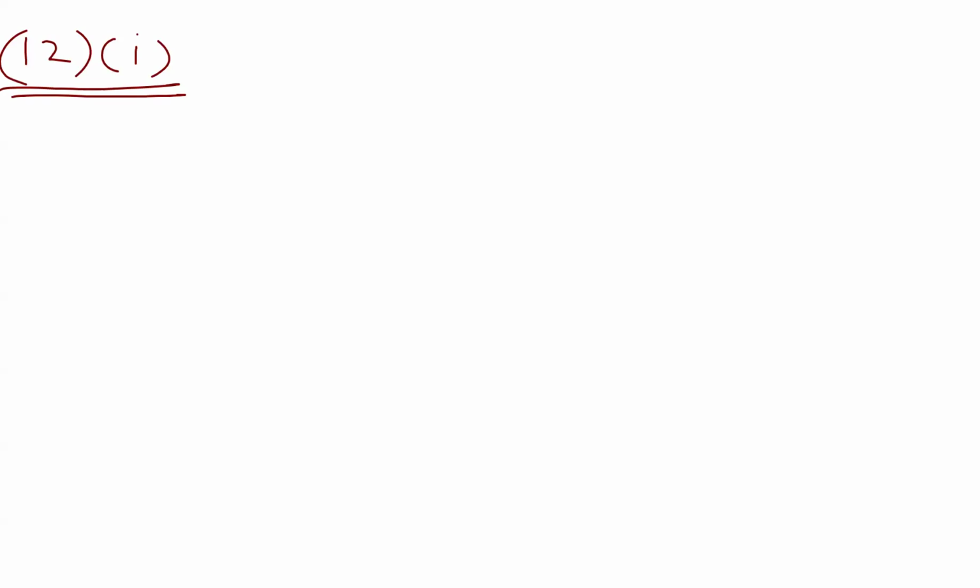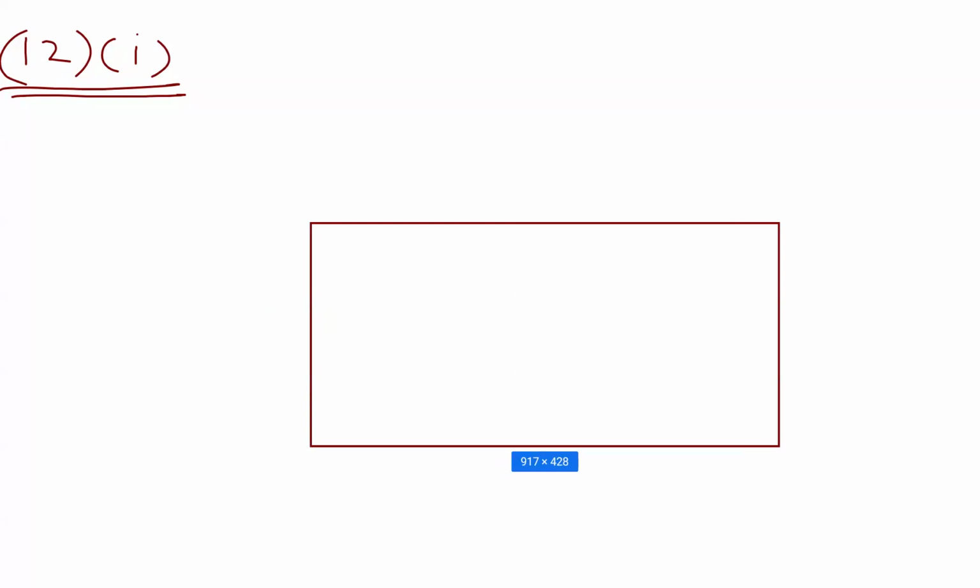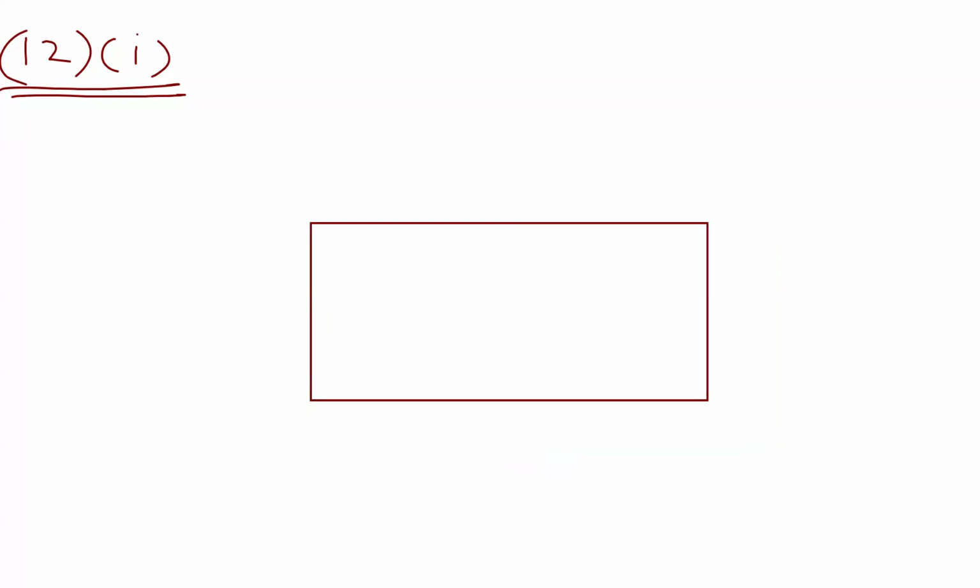Okay, so first of all, we'll draw a rough diagram, right? So this is the rectangle, and above it there is a triangle, an equilateral triangle.